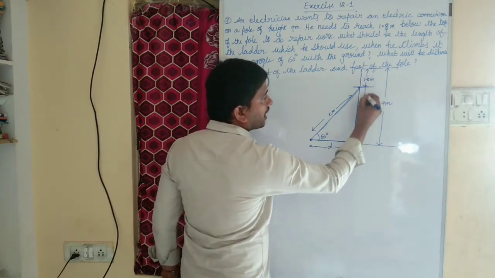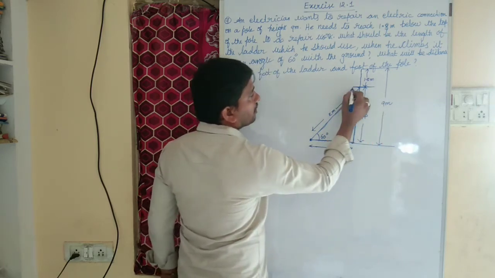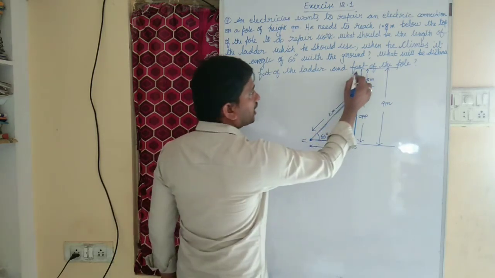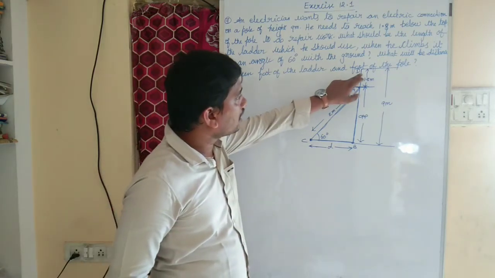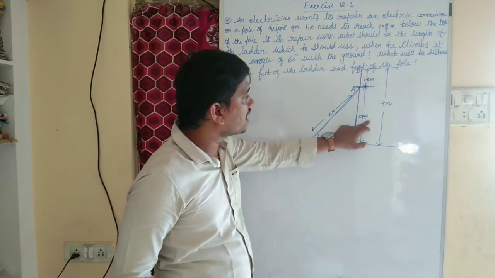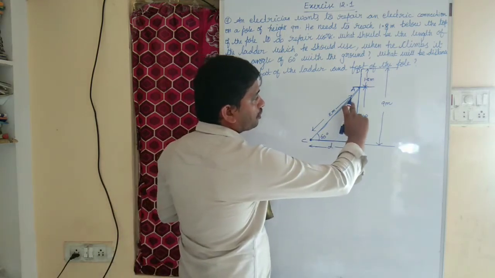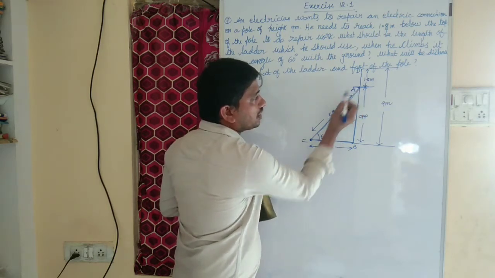Can you tell me what will be the height of the opposite side? If you name it A, B, C, and this point D, the total height of the pole, that is BD, is 9 meters. But actually we want up to AB only, because he is standing over here.